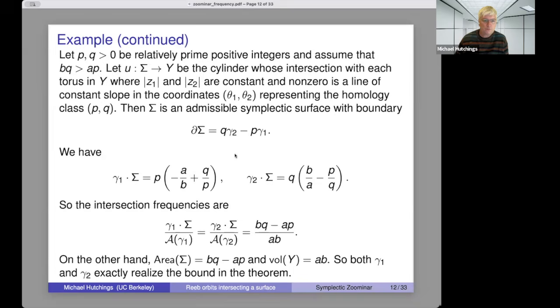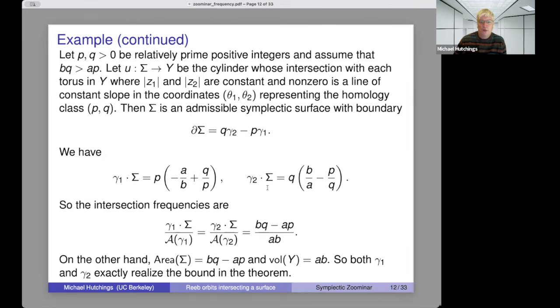Okay. So now you can check that it's admissible, and its boundary is q times gamma 2 minus p times gamma 1. Now this intersection number, I didn't define it, and it's a little confusing, but just to give you the rough idea of what's going on here, let's look at gamma 2 dot sigma.